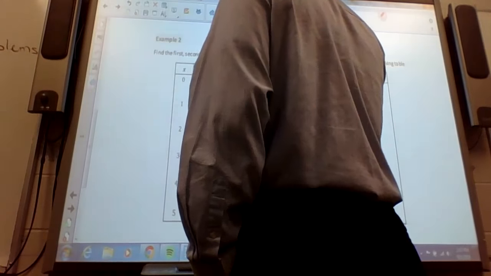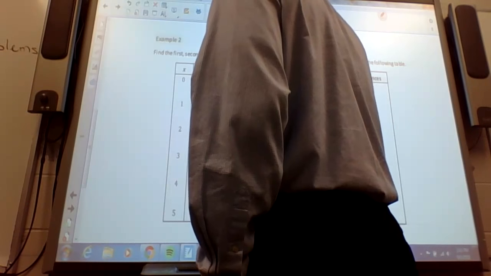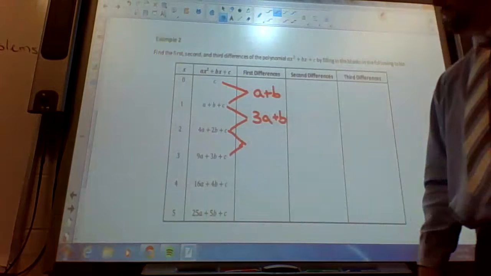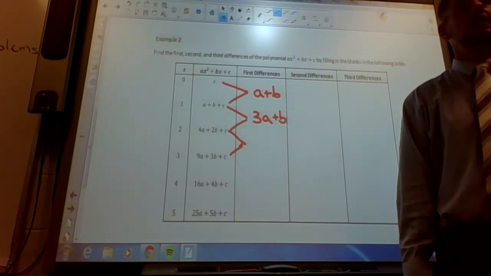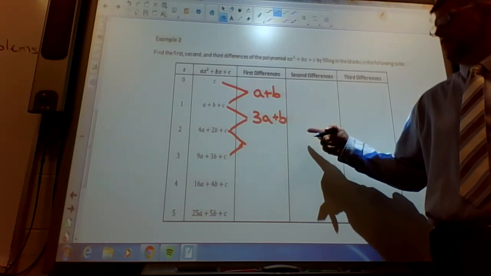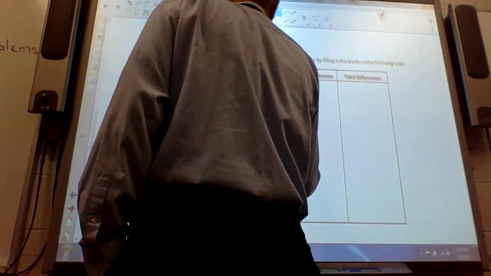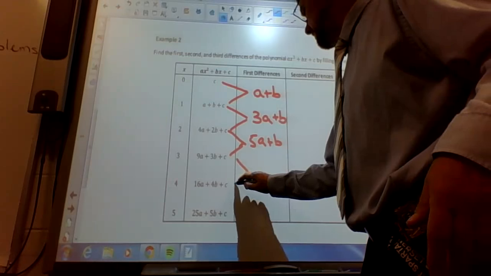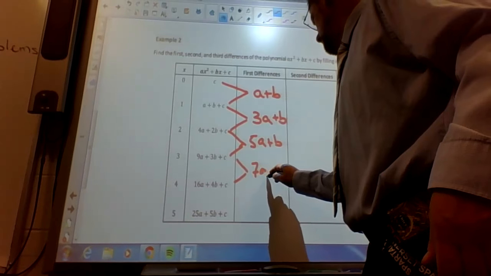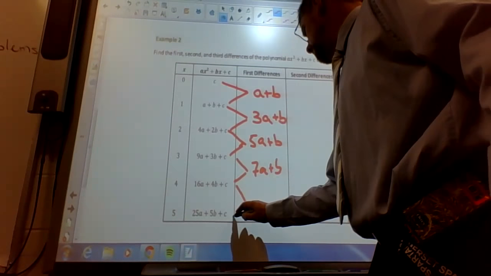All right. Here, what is our common difference? Or not the common difference, the first difference. What do we got here? 5A plus B? I heard it. 7A plus B. Nice. 9A plus B.